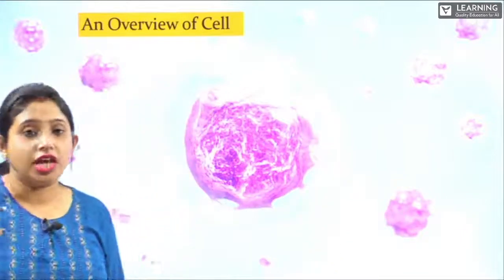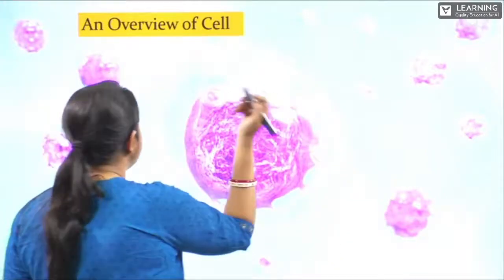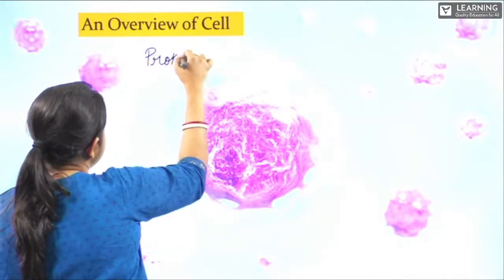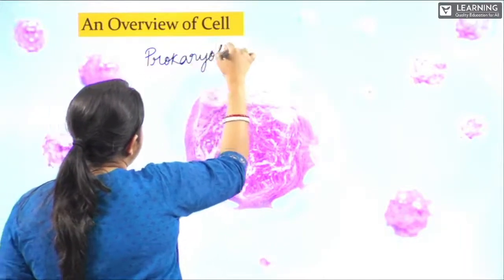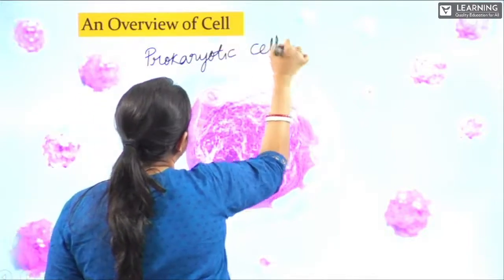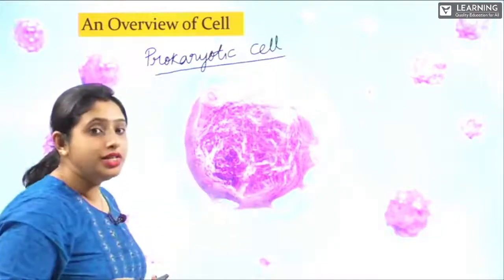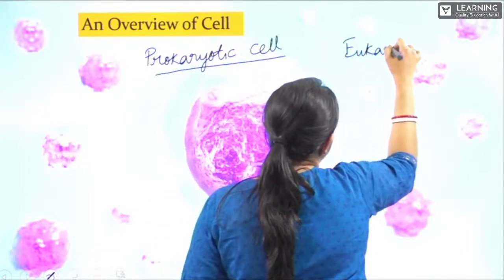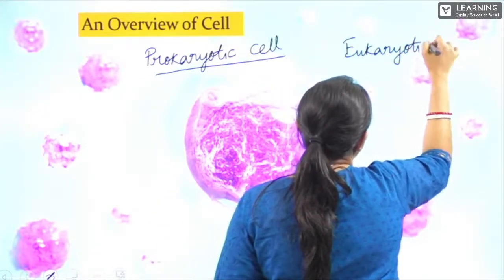Now let us see the types of cells. What are the different types of cells? There are 2 types of cells. One is the prokaryotic cell, and another one is the eukaryotic cell.